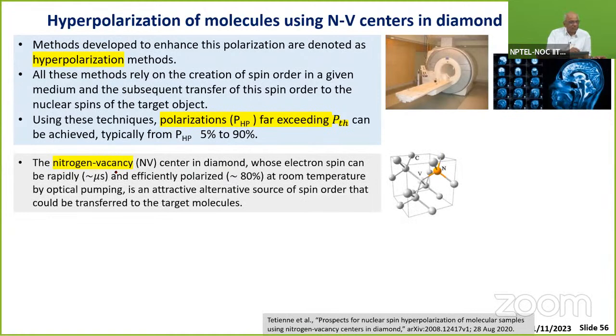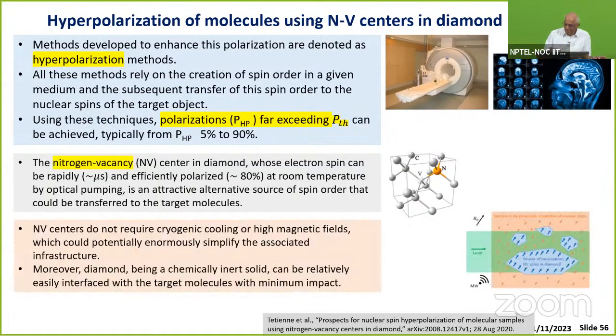And the nitrogen vacancy center complex in diamond, whose electron spin can be rapidly, in microseconds, and efficiently polarized at room temperature, right? So if you can transfer this to the nuclear spin in whatever the target medium is, and this has been conceptually shown to be possible, then you can cut down that 40 minutes or 1 hour scan time to a few minutes of scan time.